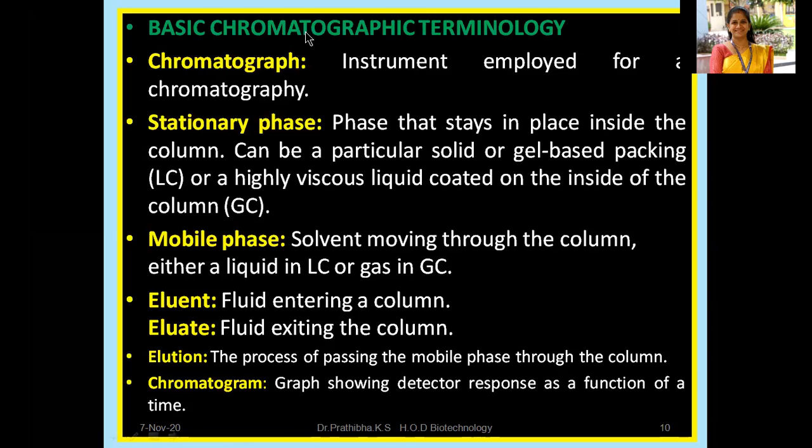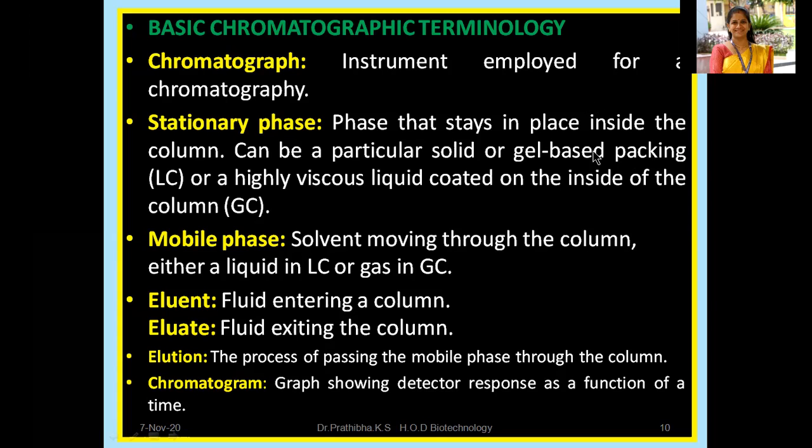Now let us understand the basic terminology of chromatography. Chromatograph means an instrument employed for chromatography. In that, we'll always see stationary and mobile phase. So what is the stationary phase? The phase that stays in place inside the column. This can be a solid, for example paper or gel-based packing, or a highly viscous liquid coated on the inside of the column.